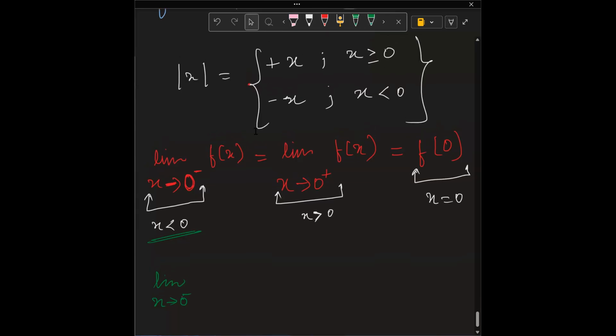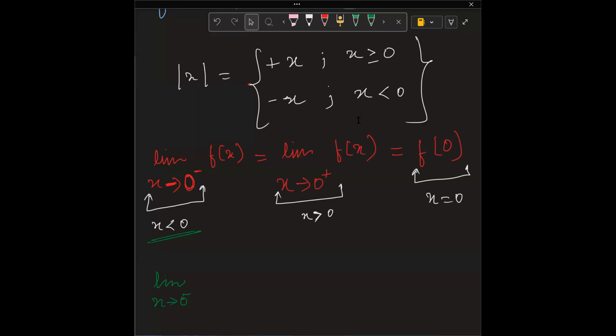Check this definition and tell me what is the value of function for x less than 0. Tell me. So it would be modulus 0 minus 3.